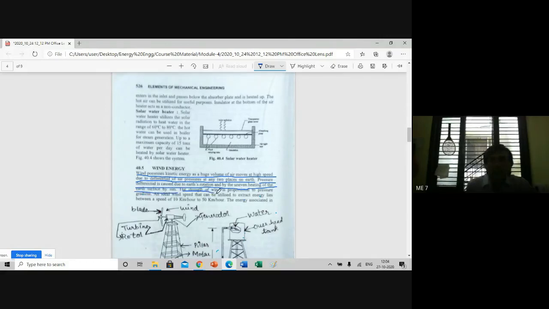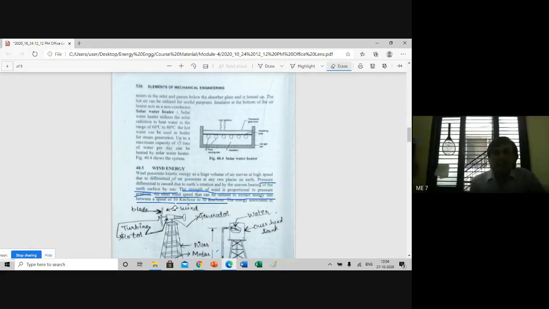The strength of wind is proportional to the pressure gradient. An ideal wind speed that can be utilized to extract energy lies between 10 km per hour and 50 km per hour. This is most important. Now I will highlight the most important point among this.